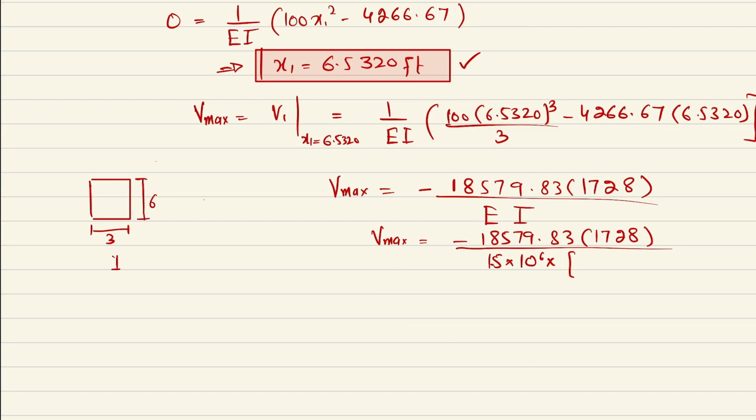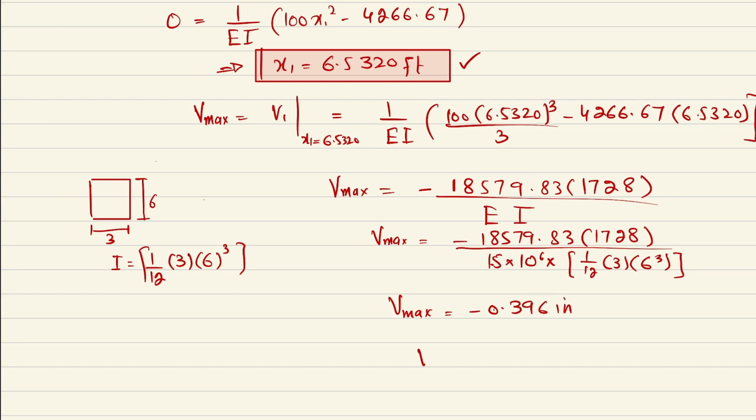So I for that is equal to 1 over 12 b h cube, so we will write 1 over 12 into 3 into 6 cube, and when you solve this you will get V max equal to minus 0.396 inch, or if you want to remove the minus sign, 0.396 inch, and the deflection is downward.